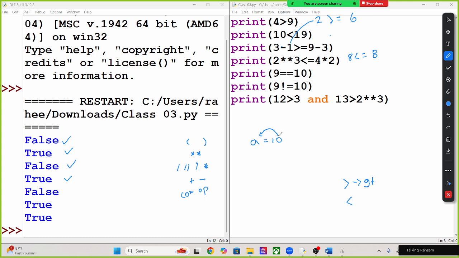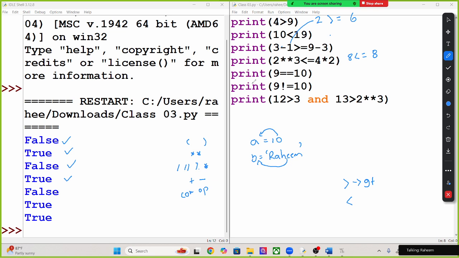For example, I'll take another variable and store my name Rahim. Rahim is a string, textual data, and we define strings inside quotations. So Rahim is assigned to b.